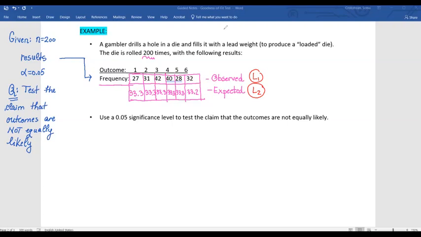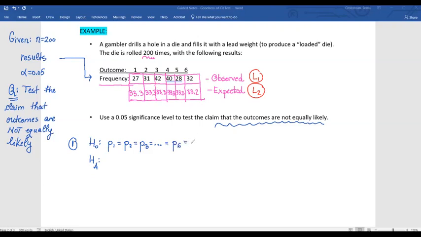Now let's see, how do we write down the hypothesis? So the first step will be to set up the hypothesis. Setting up the hypothesis is based on the information given. In this case, I can say that the outcomes are equally likely and the outcomes are not equally likely. To set up the hypothesis, we will simply write down that the probability of getting a 1 is equal to the probability of getting a 2 is equal to the probability of rolling a 3, and so on, up to the probability of rolling a 6.